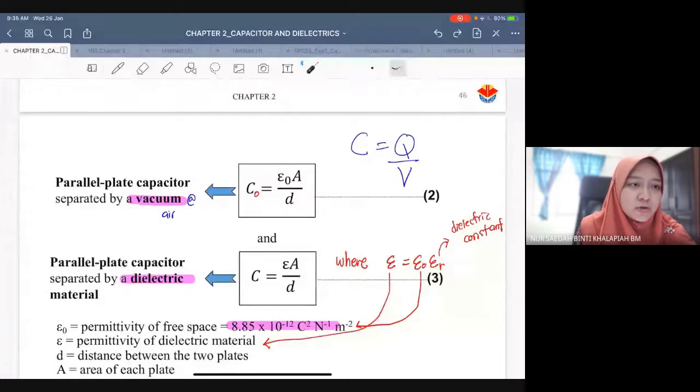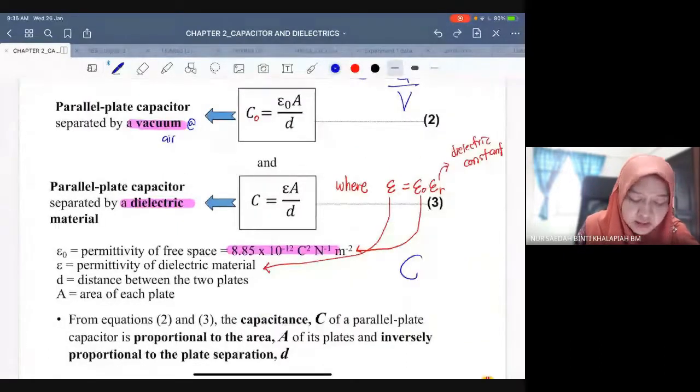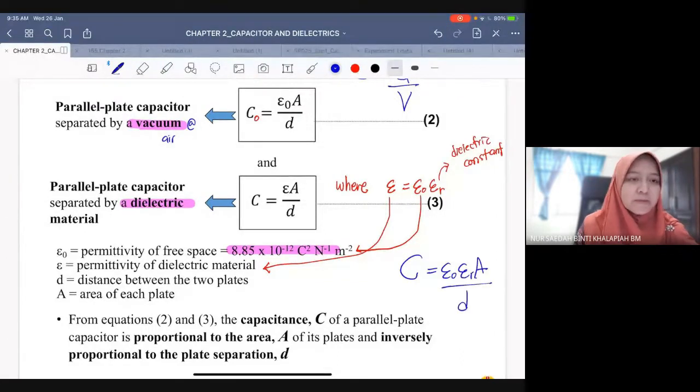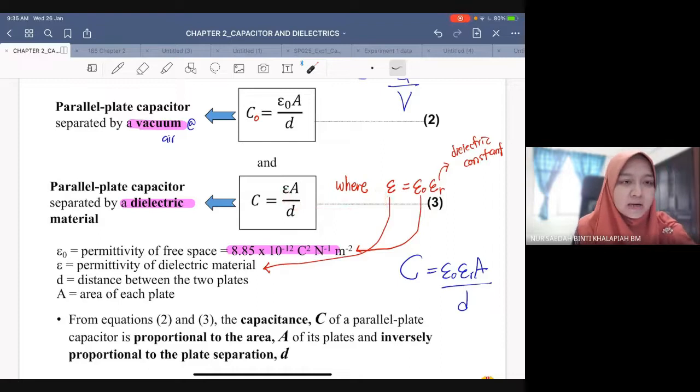So epsilon kita ni kita boleh gantikan dia sebagai epsilon not ER, menjadikan formula C kita with a dielectric equal epsilon not ER A over D. Sebab madam dah gantikan kita punya epsilon ni sebagai epsilon not ER.